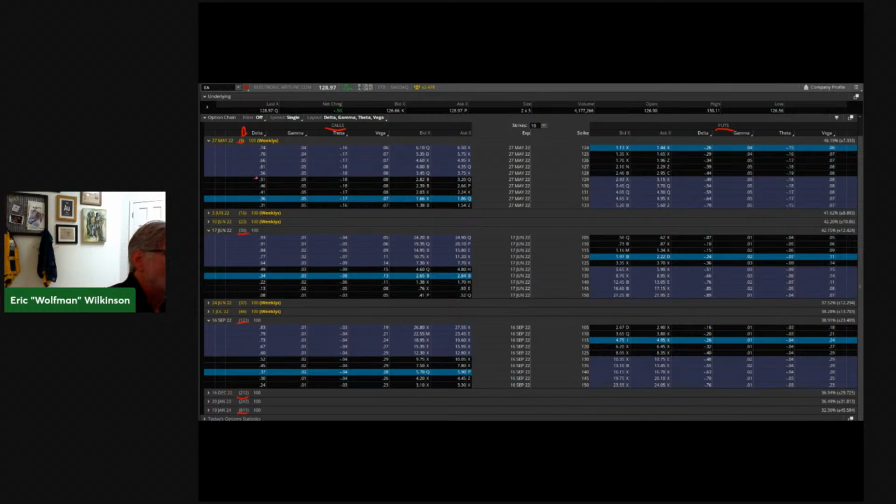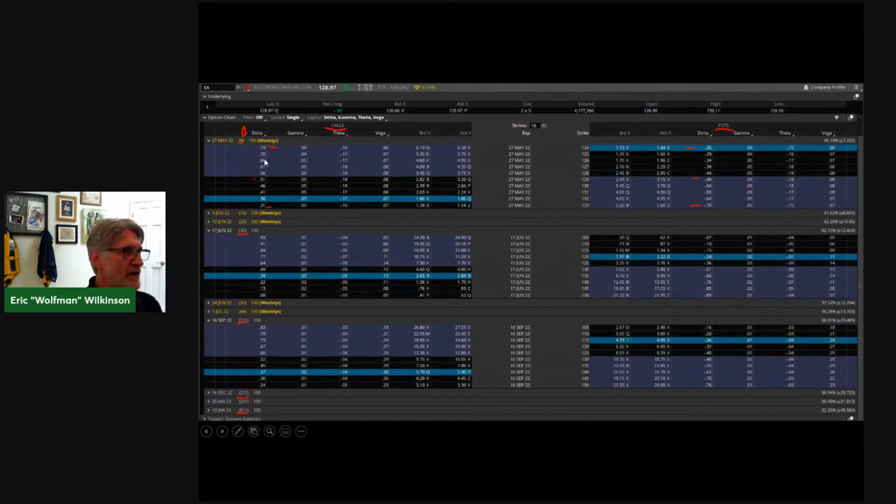So delta, you can see those ones that are at the money on the calls and in the puts are very close to 50, right? Further out of the money, they get smaller. Further in the money, they get bigger, right? You can even think about it as, what are my probabilities of being in the money at expiration by 1 penny? Well, the ones that are in the money already are pretty good on probabilities, right?